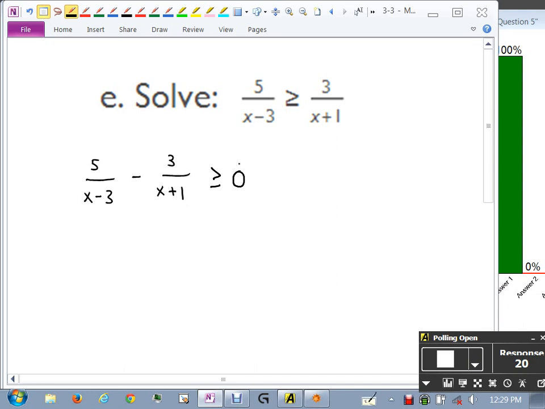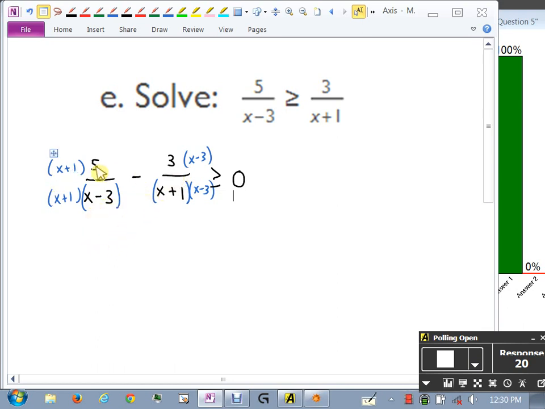I have to get a common denominator. That's right. So we have to introduce what here, top and bottom? x plus 1. And then over here, top and bottom, x minus 3. I'm also going to put parentheses around the bottom because there's 2 terms.